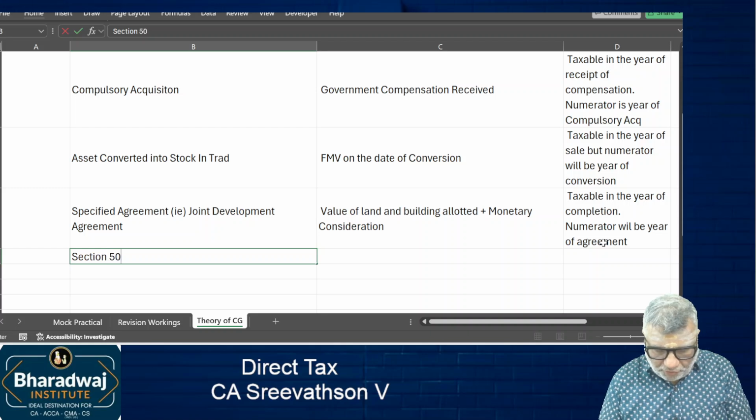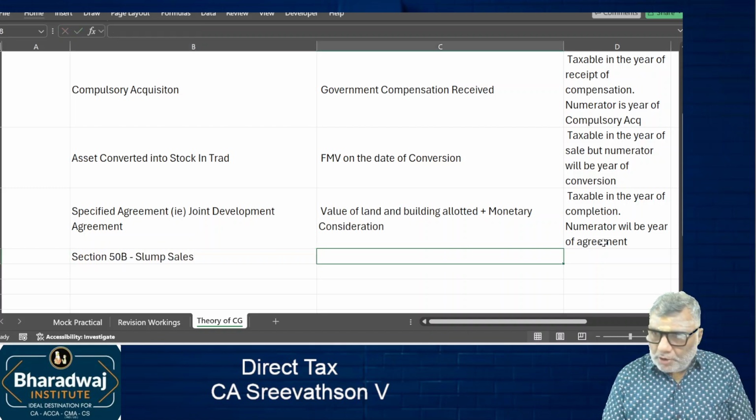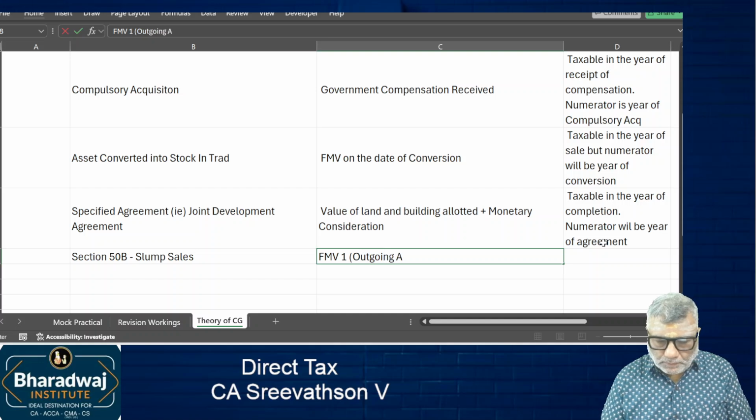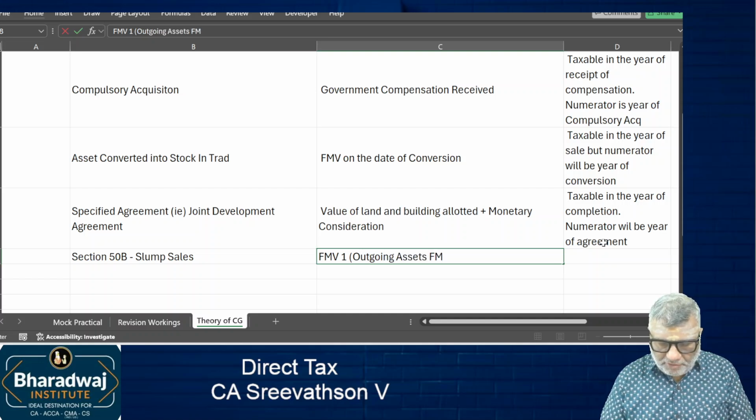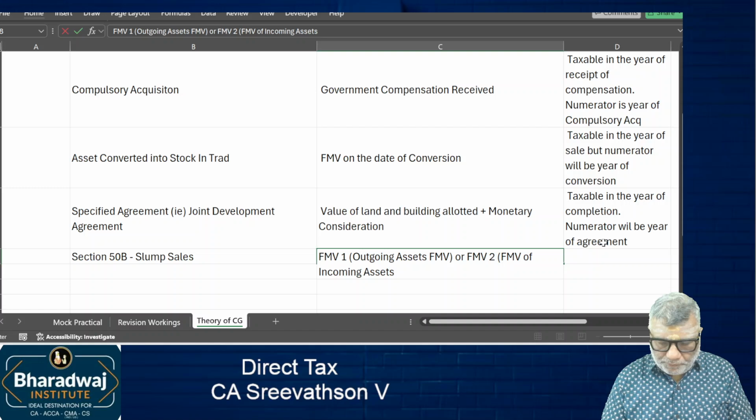Section 50B, slump sales. Fair market value 1, that is outgoing assets, or fair market value 2, FMV of incoming assets, whichever is higher.